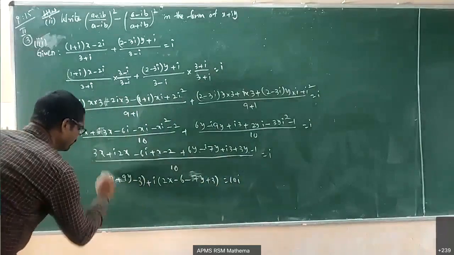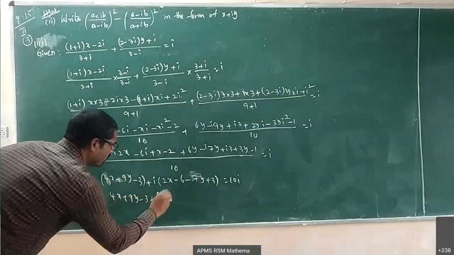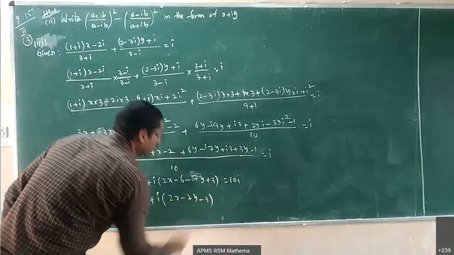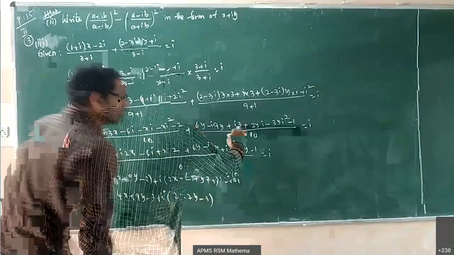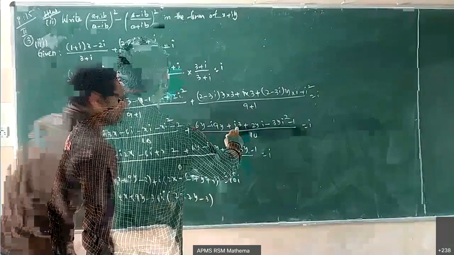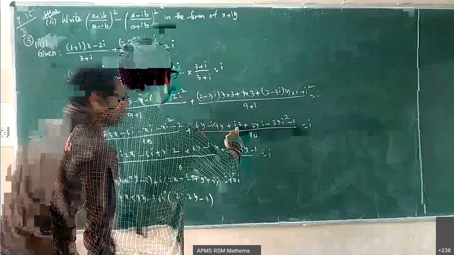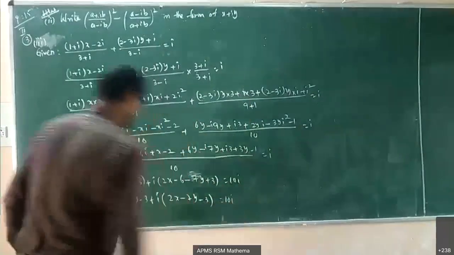Now 4x plus 9y minus 3 plus i into (2x minus 7y minus 3) is equals to 10i.